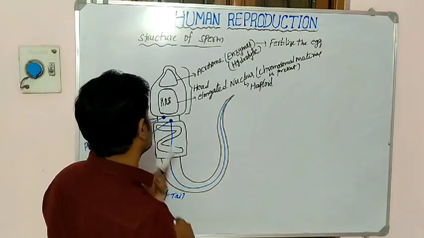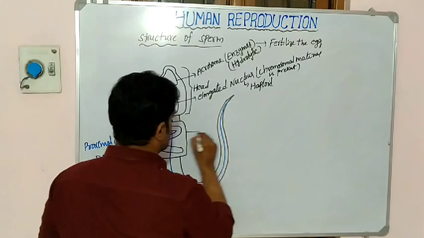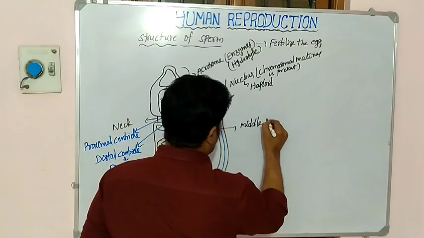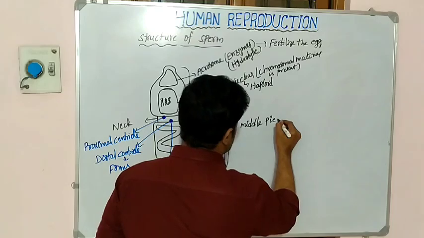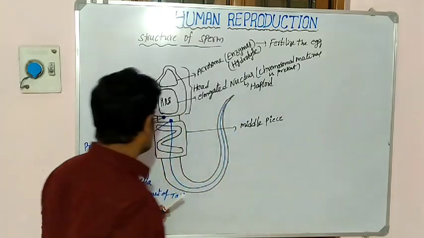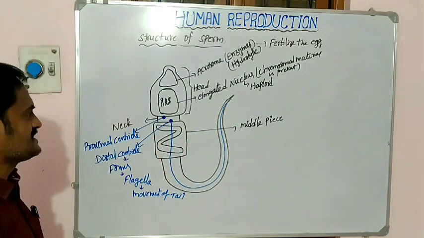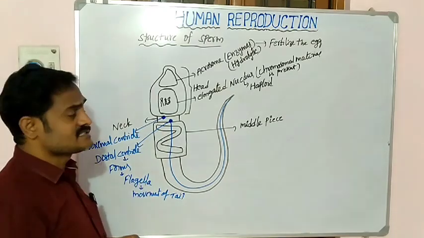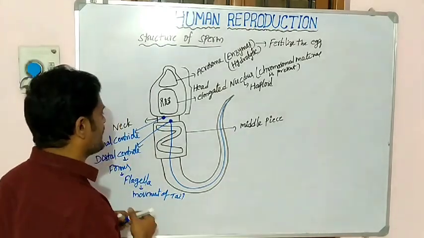This part of the sperm is called the middle piece. Here the middle piece consists of some important mitochondria.